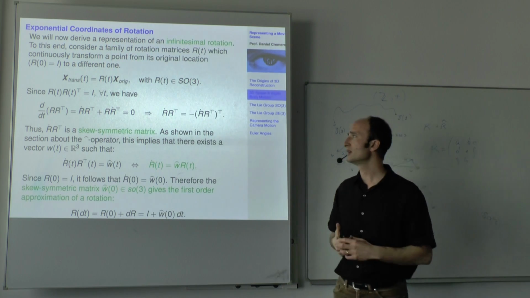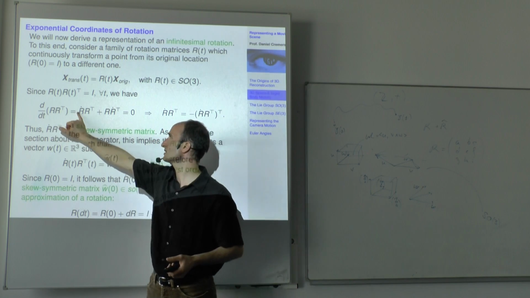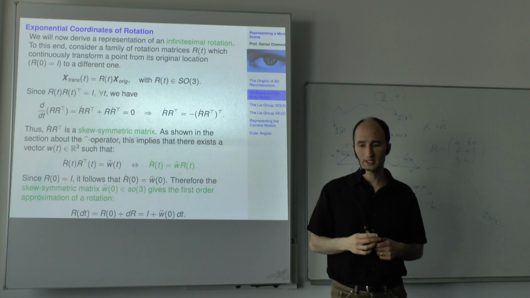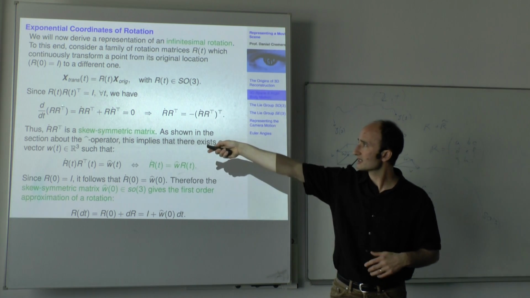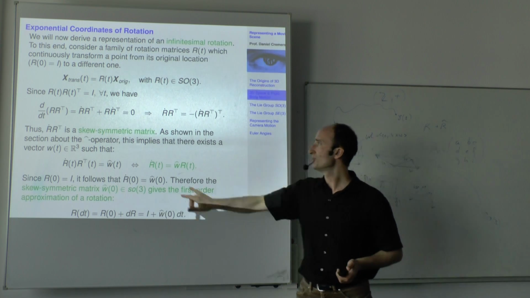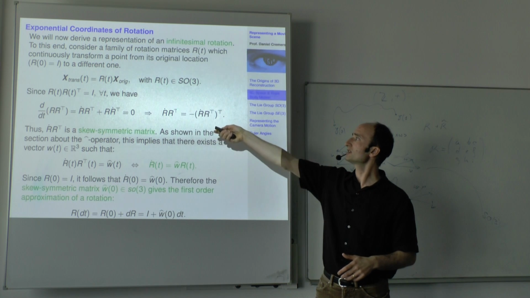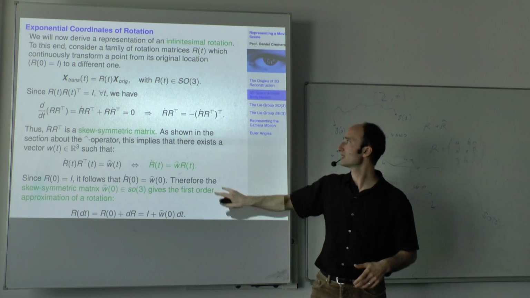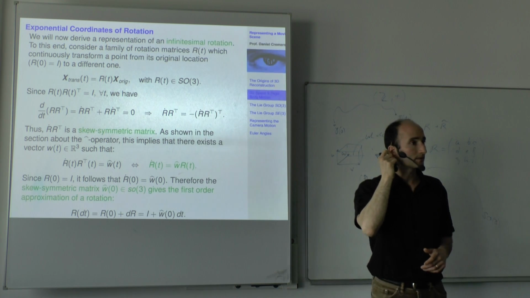You may remember, if you do derivatives of a product, you have the derivative of the first times the second plus the first times the derivative of the second. And so we can deduce that this expression here must be 0. And if we bring one of these terms to the other side, it means R dot R transpose is minus (R dot R transpose) transposed. This is just rewriting the same thing.